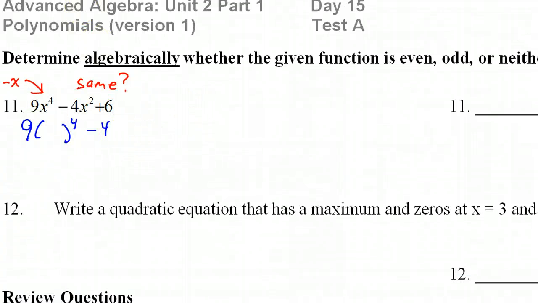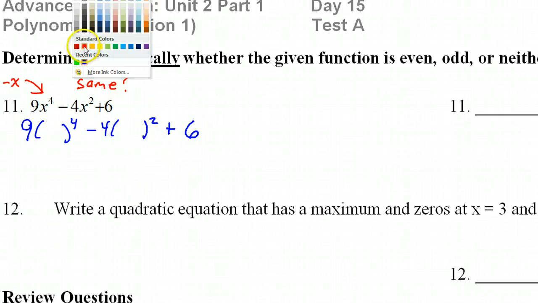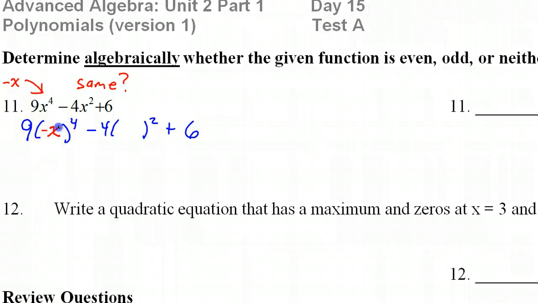Okay, so what was I saying? Yeah, x squared and then plus 6. If I put in negative x for x, let's see if I get the same function.